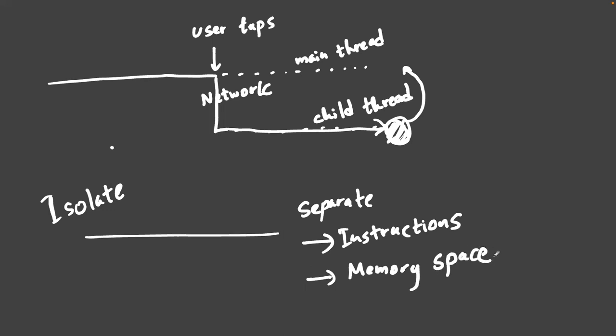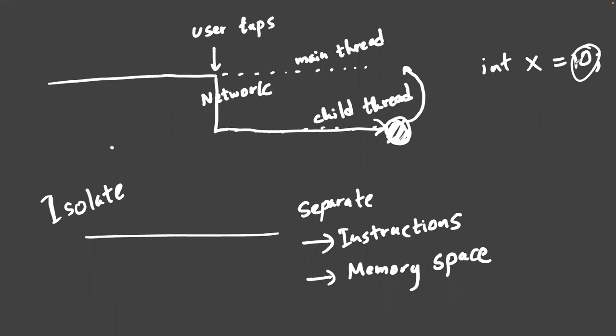That basically means, let's say in the main UI you have an int called x, and that is 10. If that same variable is available to the child thread, it can go there and change this 10 into something else.